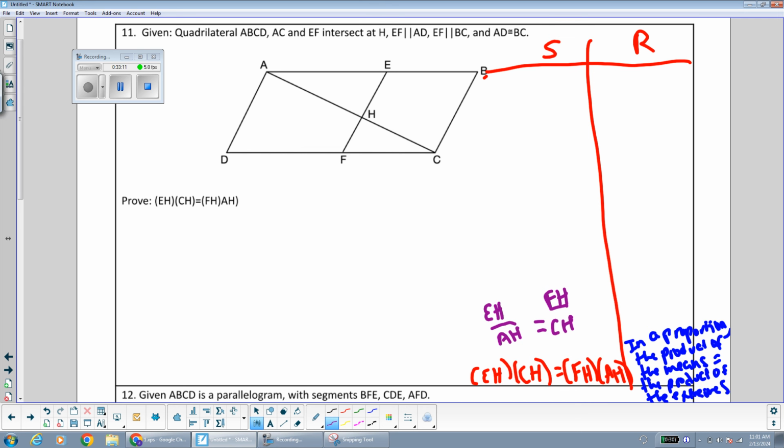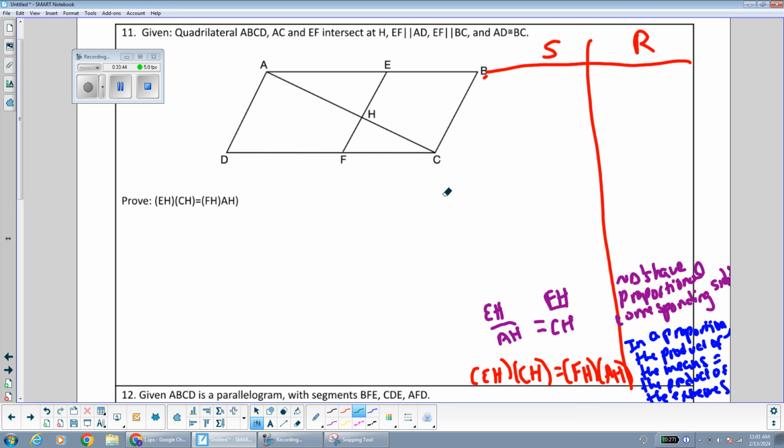Okay, now we know proportions come from similar triangles because similar triangles have proportional corresponding sides. So before we can prove this proportion, we first need to have similar triangles, like the reason says. But I don't know which triangles we're focusing on because there's two small ones, and there's also larger triangles in this diagram as well.